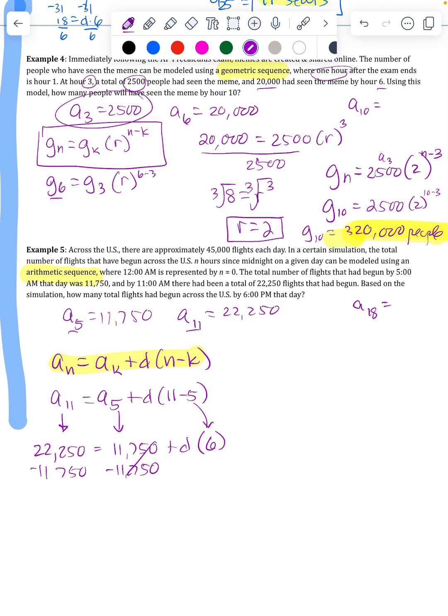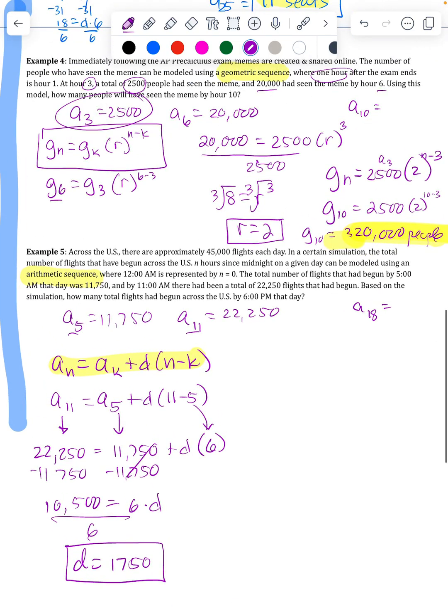All right, so here I've got 10,500 equals 6 times the common difference. So if I divide that by 6, I am getting a common difference of 1,750.